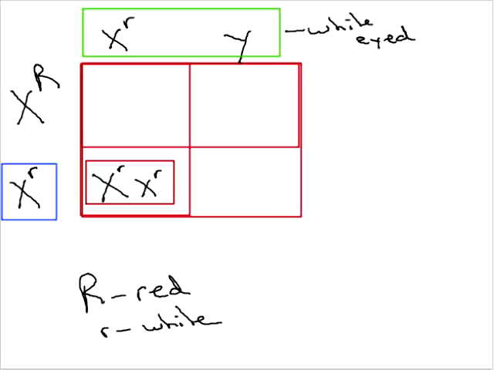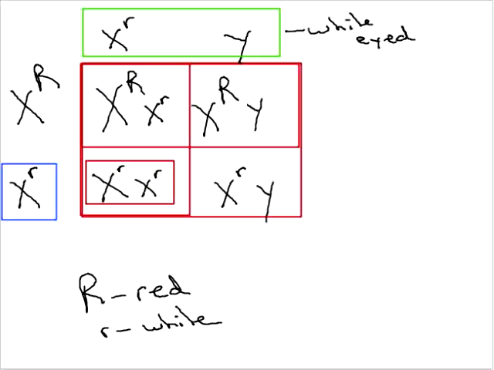But the male would have to be white-eyed. Of course, to complete the square, this cross would yield one wild-type female, one wild-type male, one white-eyed female, one white-eyed male.